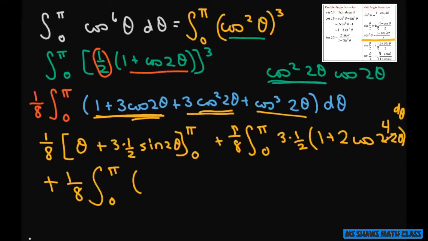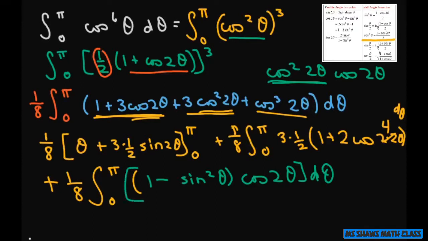Then I can expand my cosine squared 2 theta as 1 minus sine squared 2 theta with my Pythagorean identity, times cosine 2 theta d theta. So let's do that. All right. So now, looking at this, we can go ahead and evaluate this and move on to the next slide.